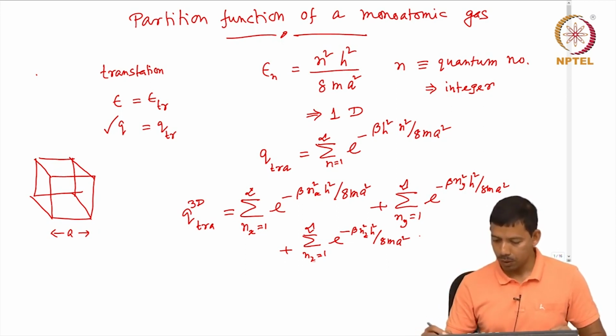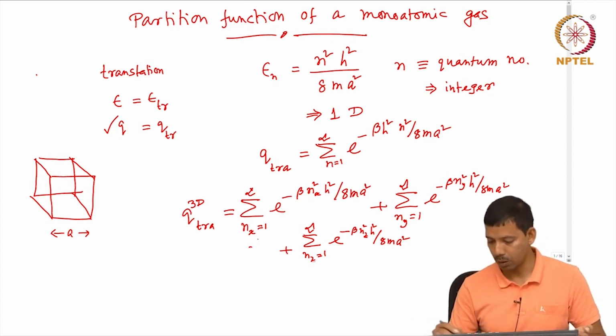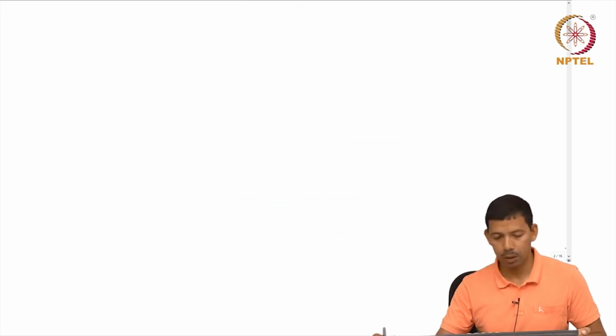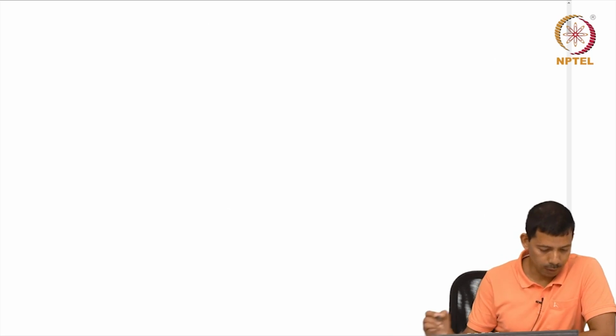Now, the gas is in a cubic box and the particle can go in the x, y, z directions equally. It can go in any direction with equal probability.